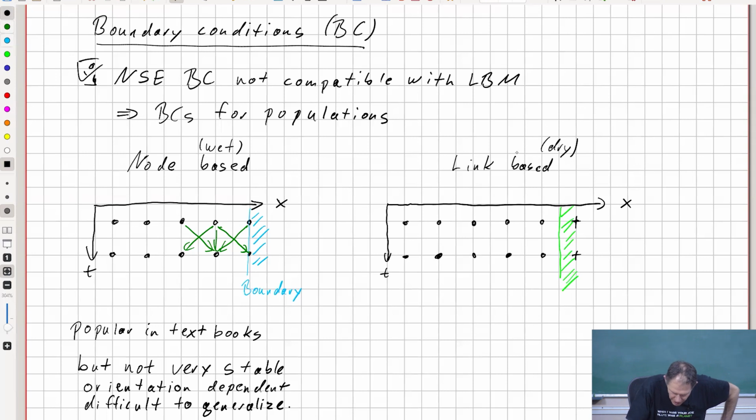Meaning we have here, for example, something going in here and something going out here. So we would have the boundary condition not on the node, but on this link, so on this one population at this intermediate time and in this intermediate space.